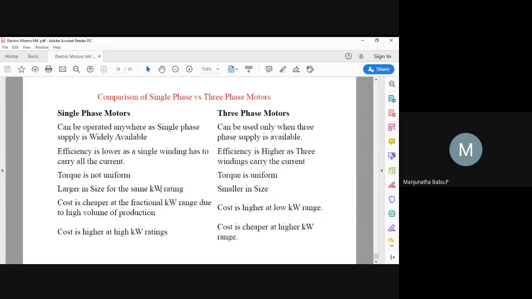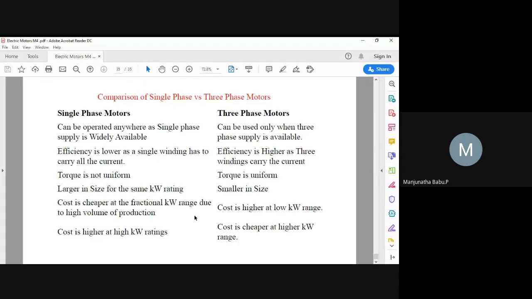Cost in single phase is less because we are not using high capacity motors. With respect to lower capacity, the cost is cheap compared to three phase, so the cost being high at low kilowatt ranges is a disadvantage of the three phase induction motor.